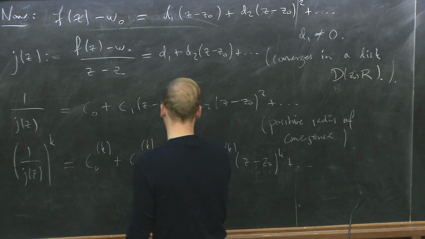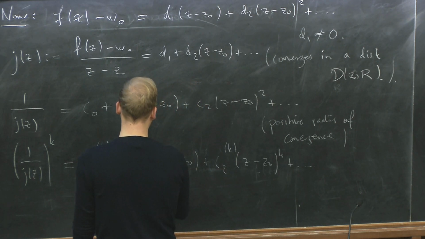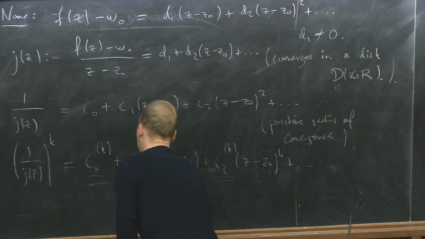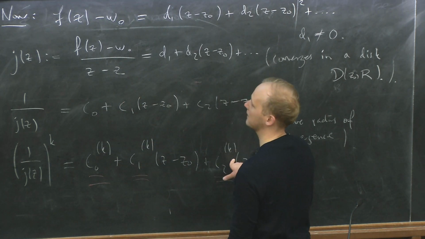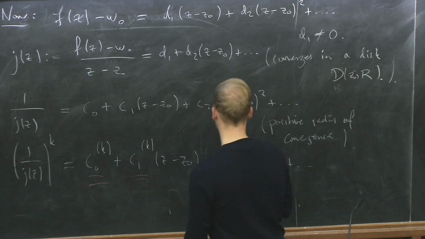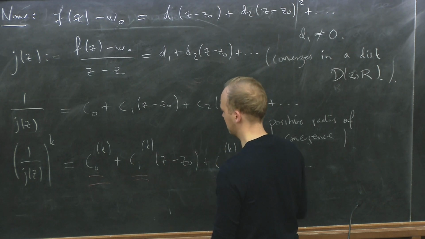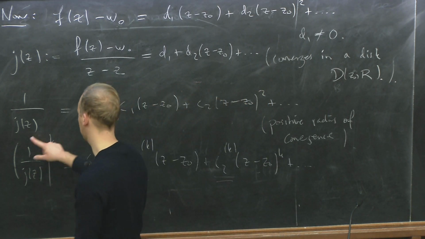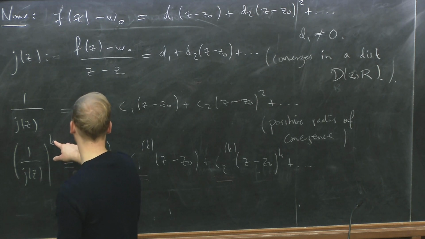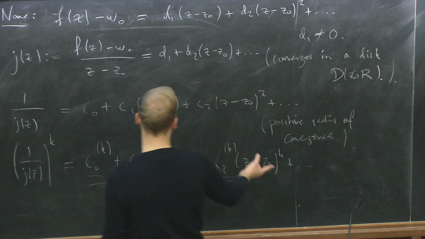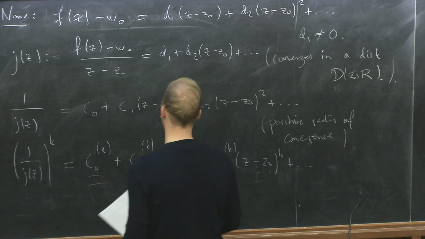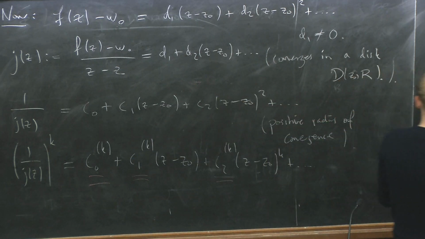We call this index Ci of k. So these will be precisely the coefficients that I will be interested in, and these will be the ones that will determine the power series expansion of the inverse function. So if you can find the power series expansion of this function 1 over j, to a suitable power, then you will be able to find the power series expansion of the inverse locally around this point. This is the claim.